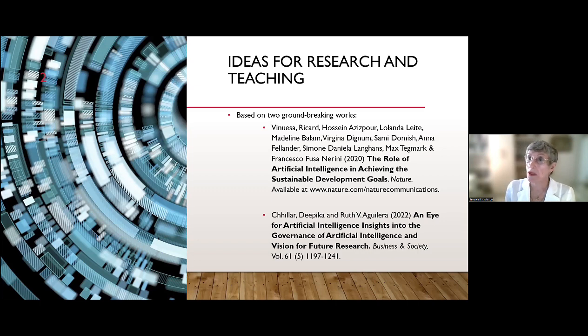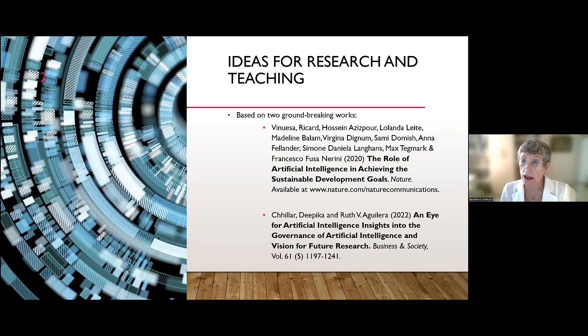The first one was in 2020 in Nature, by 10 international interdisciplinary experts who looked at the 17 SDGs and tried to determine whether they would be positively or negatively impacted by AI. It's an absolutely fascinating article.